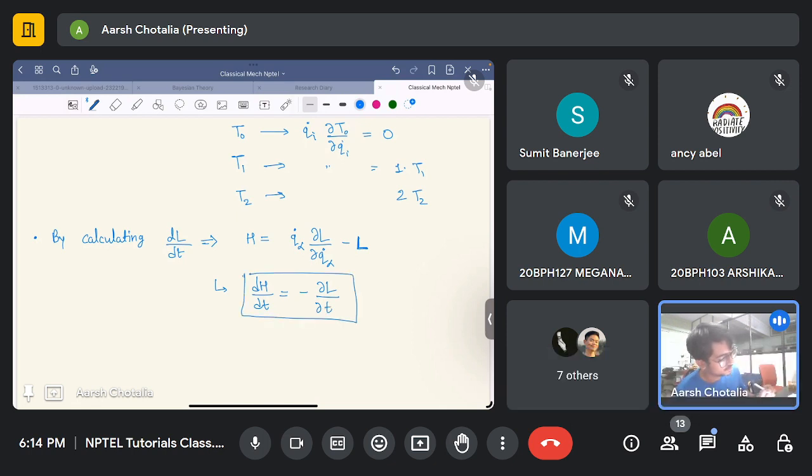So, which means if the Lagrangian does not depend on time, then your Hamiltonian is conserved.